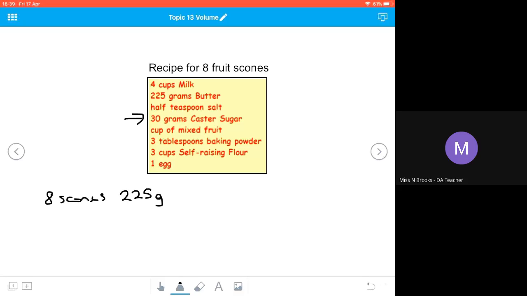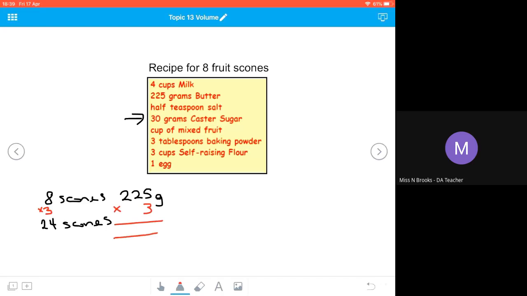So if I want 24 scones, what do I have to multiply the 8 by to get the 24? I've had to times that by 3. So I need to times the 225 by 3 to get my answer.